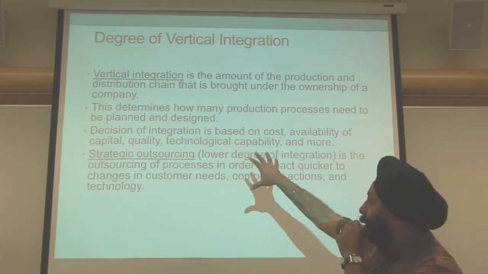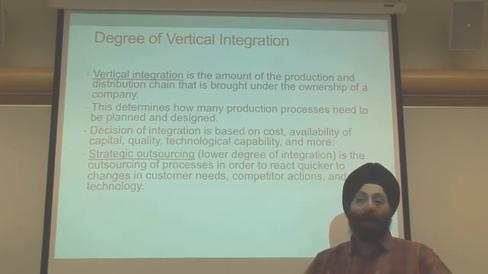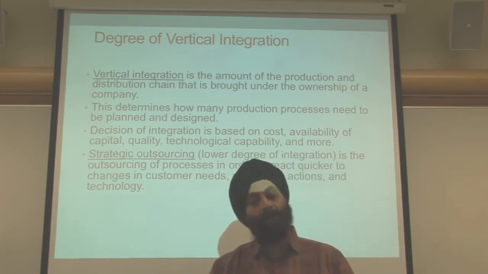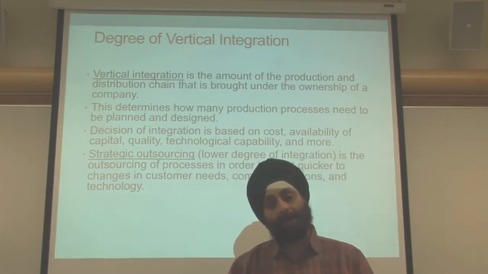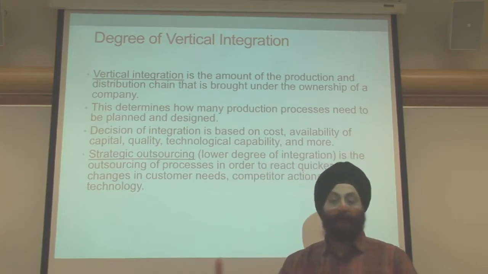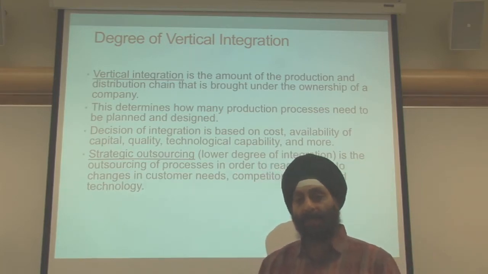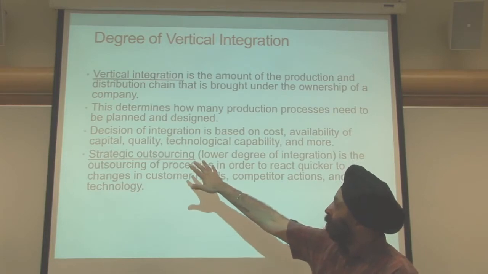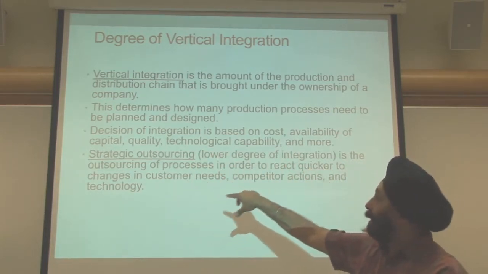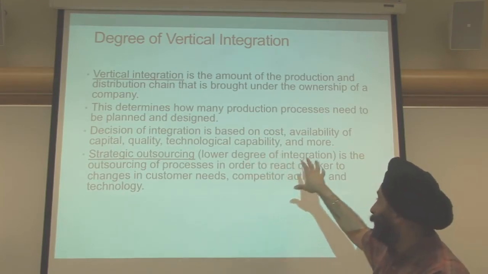This determines how many production processes need to be planned and designed, because the more you delegate, you need to create a set of procedures for how to evaluate the quality being received from your vendors, versus if you're going to do it in-house, how it all has to be integrated into your existing activities that you already are doing.